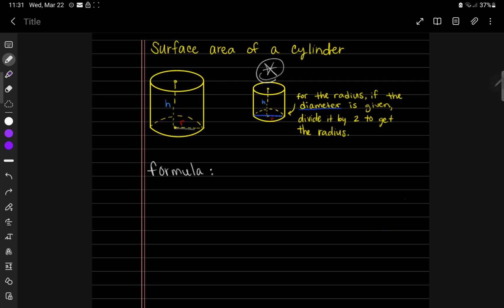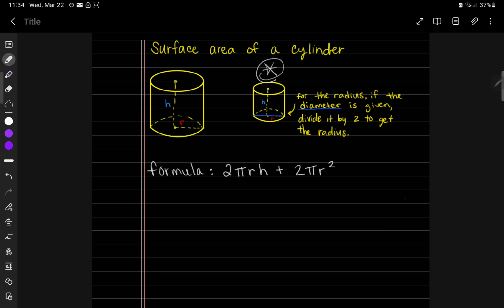So I'm either going to give you half of the line like this, which is the radius, and that's it, or I'm going to give you the whole line like this one and you have to divide it by 2. So the formula for this one, let me make sure I pull it up right. So it's 2 times pi times r times h plus 2 pi r squared.